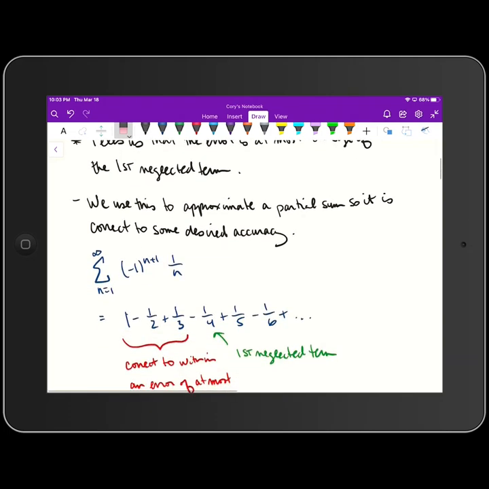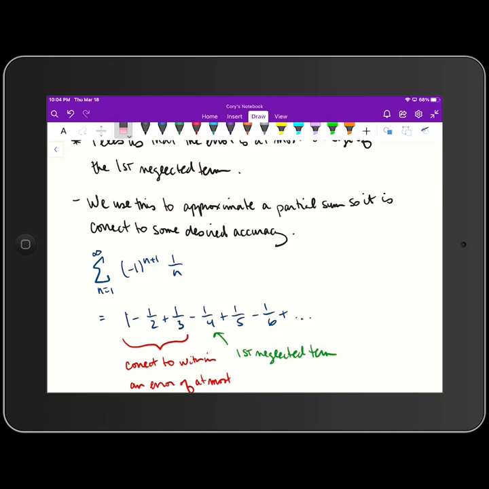Okay, so for example, if we take the sum from 1 to infinity of -1 raised to the n plus 1 power, times 1 over n. If I list out the first few terms of that summation, when I plug 1 in place of n, we get -1 squared, which is 1, times 1 over 1, which is 1.